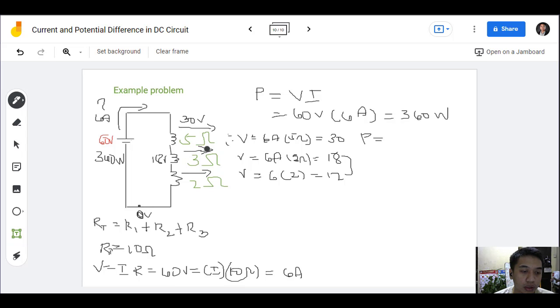So let us identify the power for each, no? So let us use the P is equals to I squared times R. So that will become 6 amps squared.